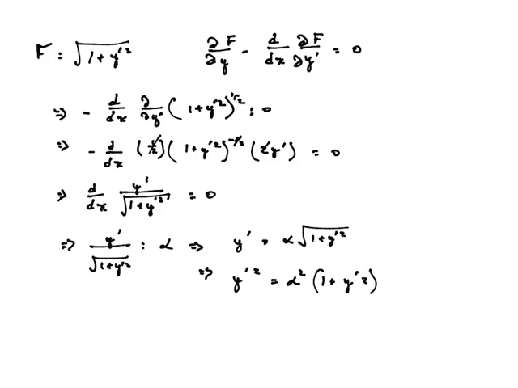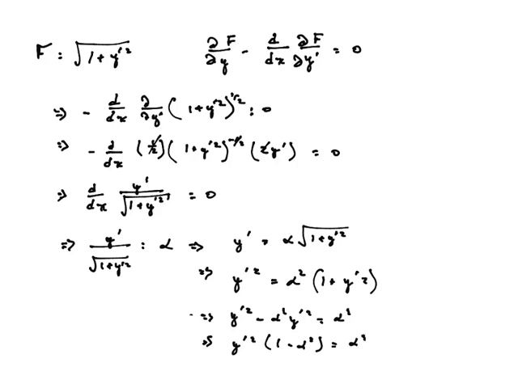Now, let me go ahead and collect the y primes on one side, everything else on the other. So this becomes y prime squared minus alpha squared y prime squared equals alpha squared. Right? All I did was distribute the alpha squared in, then I brought the y prime term to the other side. Now let me factor out y prime squared: 1 minus alpha squared equals alpha squared.